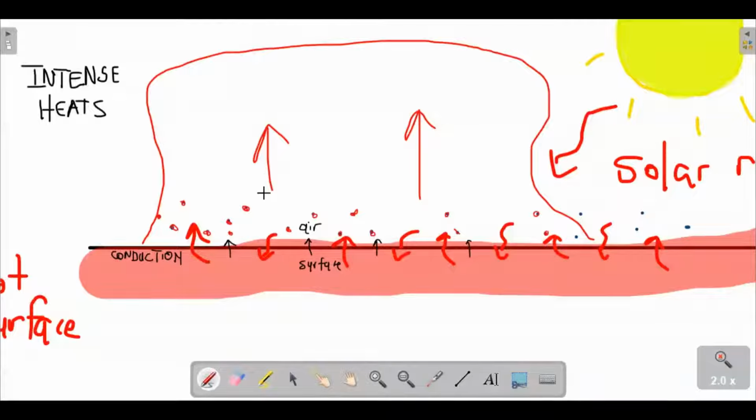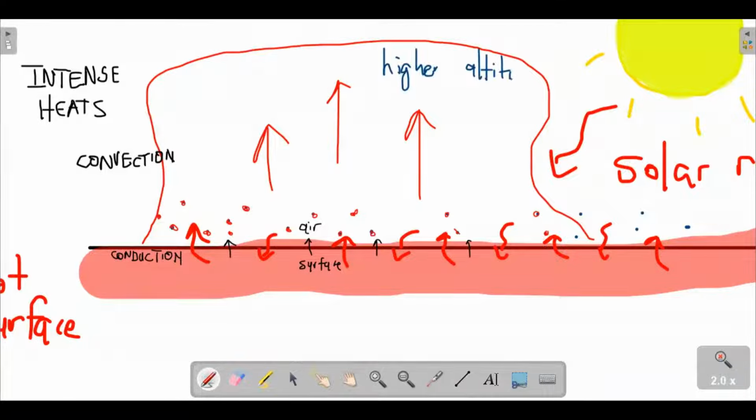And this rising up of air, we call that convection. Because it is excited, it has a lot of energy, and so this air is going to rise up. It rises up, and so it's carrying this heat that it received from the surface to the upper atmosphere, to higher and higher altitudes.